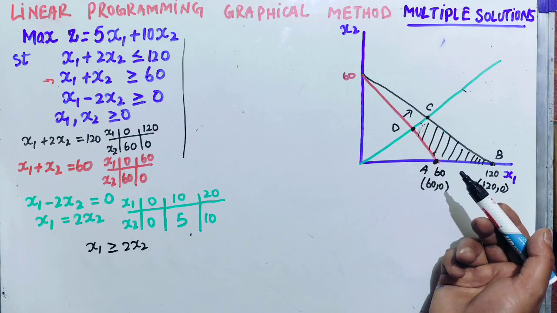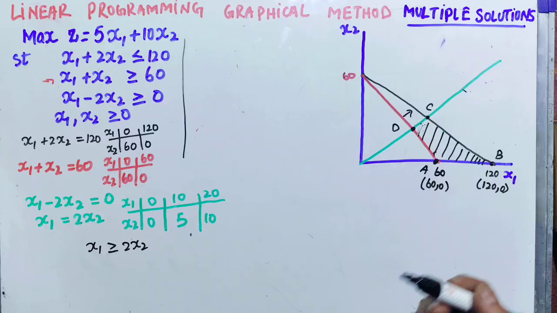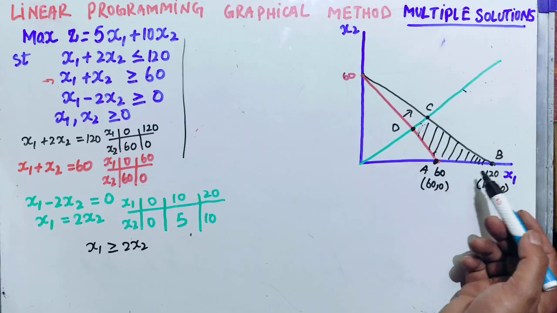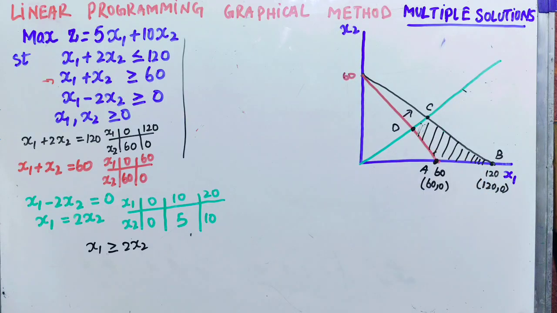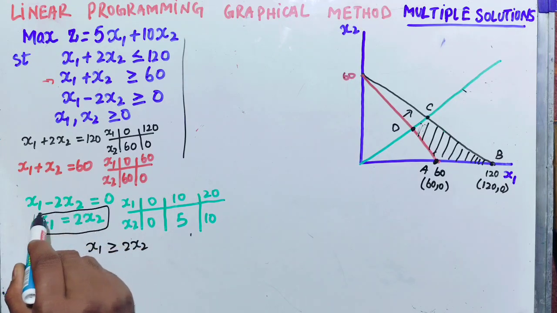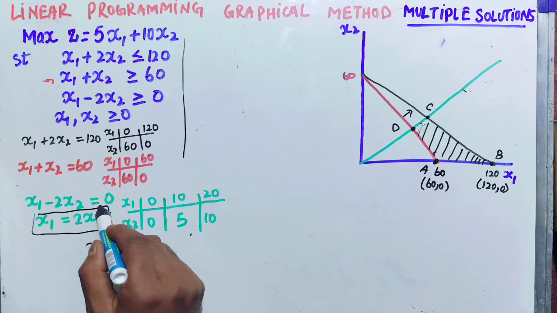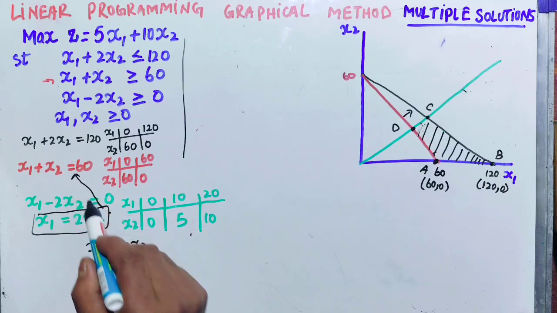And we need to find out which of these is actually the optimal solution. So we have the coordinates of A and B, but we need to find out the coordinates of C. To find out the coordinates of C, what will we do? Since x1 is equal to 2x2, we plug the value of this in this equation.